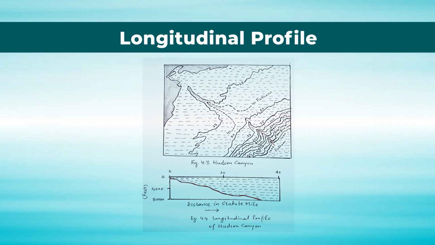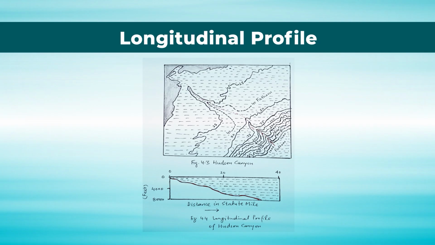So the pattern of isobaths clearly shows the topographical feature, submarine canyons. And this canyon, if its depth is plotted from the head to the continental rise part where we have that fan deposition of sediments, then that is known as a longitudinal profile. So in this longitudinal profile you can see the depth of Hudson Canyon.